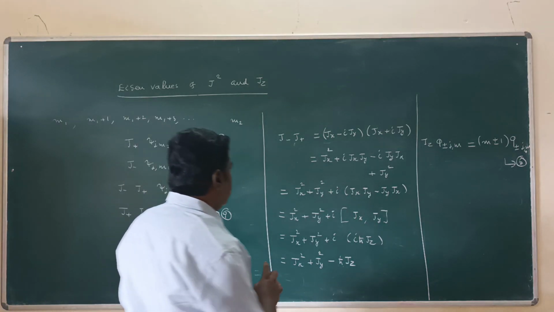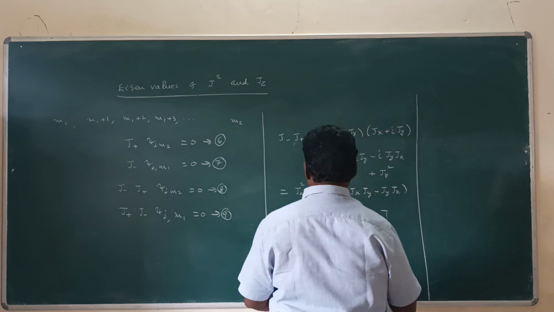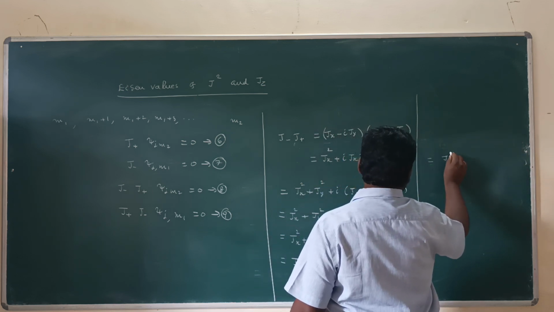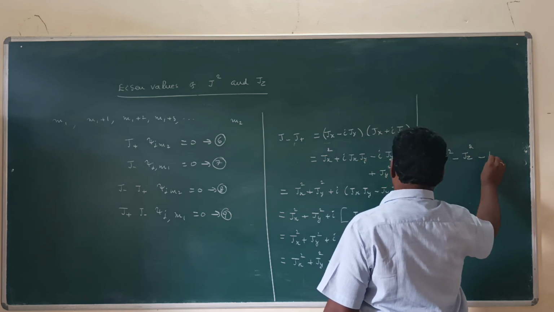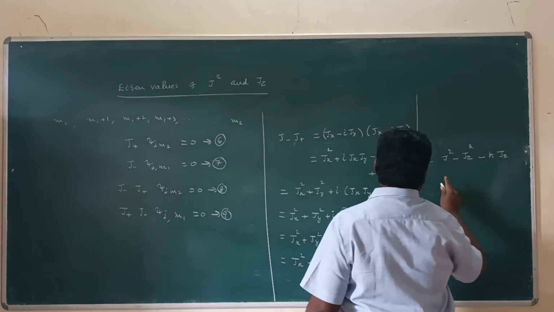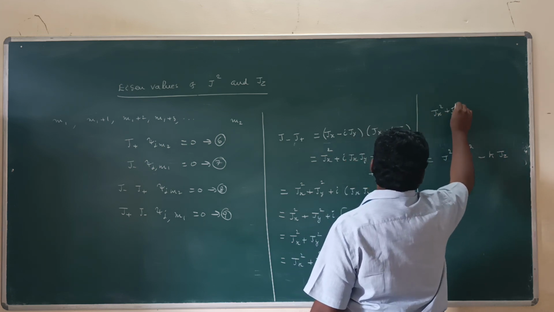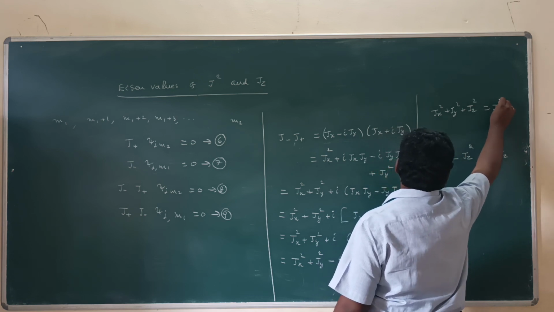Then this is modified as J square − Jz square − ħJz, because Jx square + Jy square + Jz square is equal to J square.